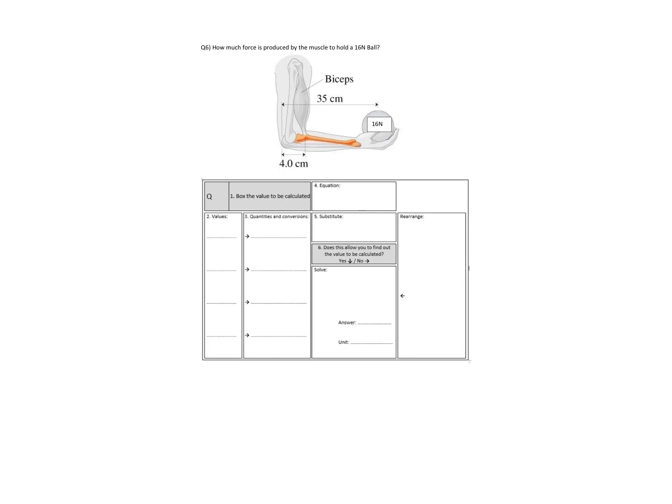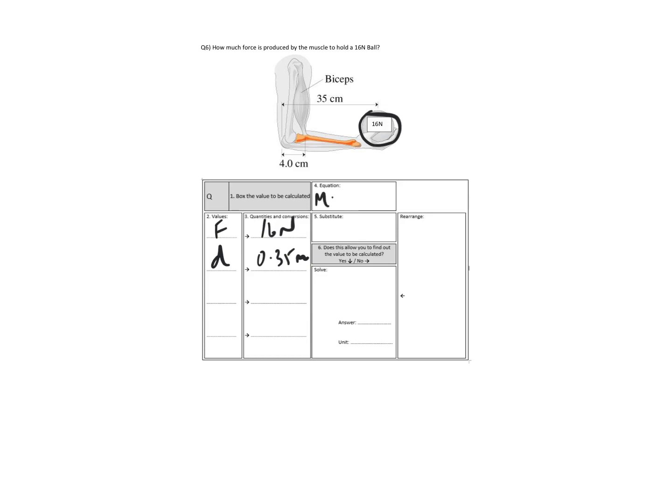Question 6 again is all about the force produced by the muscle. So we'll start like we did before. So moment equals force times perpendicular distance from the pivot. So the force caused by the ball is 16 newtons. The distance away we need to convert into metres, so 0.35 metres.